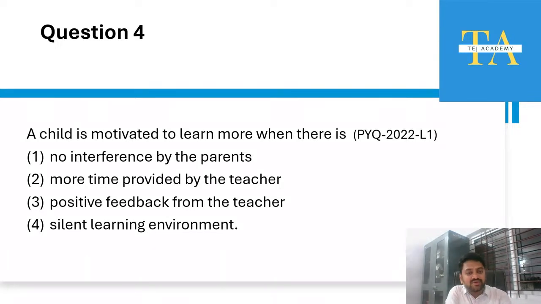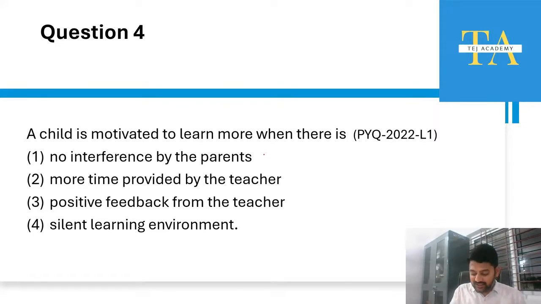A child is motivated to learn more when there is no interference by the parents, when there is more time provided by the teacher, when there is positive feedback from the teacher, when there is a silent learning environment.